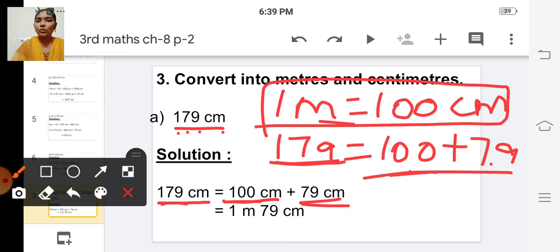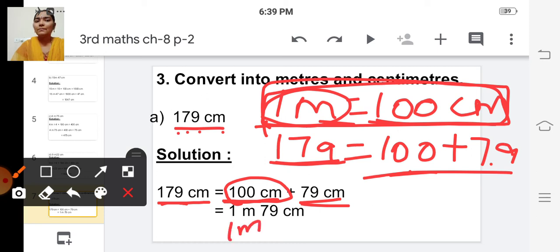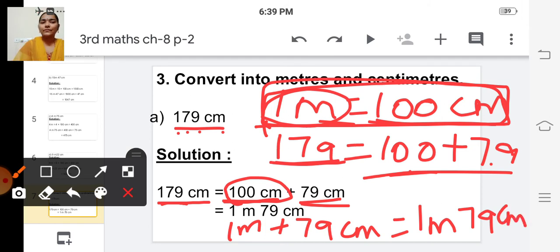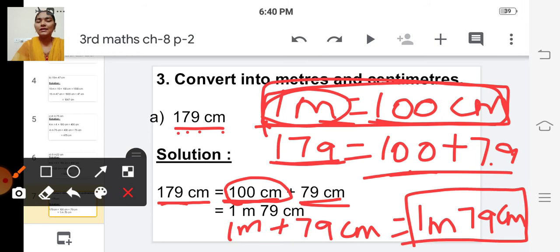And we all know that 100 centimeter is equal to 1 meter, right? So we can write it as 1 meter plus 79 centimeter, which is equal to 1 meter 79 centimeter. So we have converted into meters and centimeters.